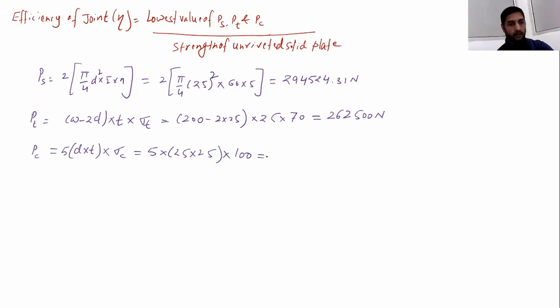Sigma C is 100. जो इसको solve करोगे, it is coming out 312,500 Newton. So out of these three values, now you can see the lowest value is which one? 262,500. This is the lowest value.